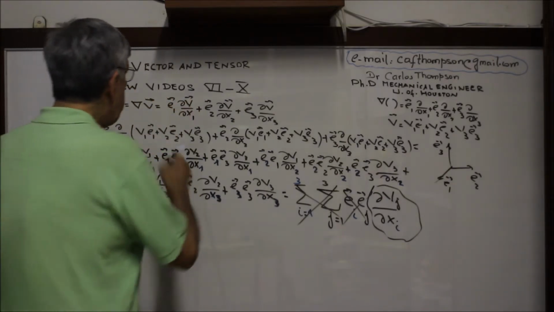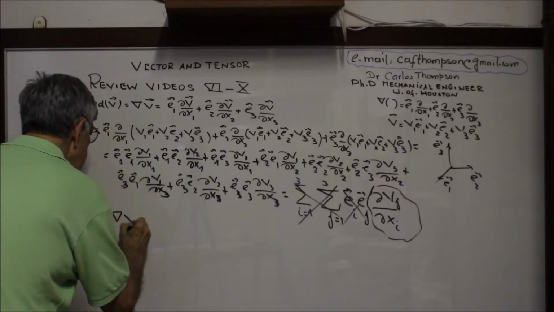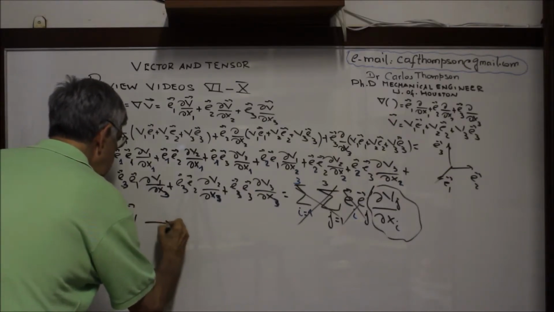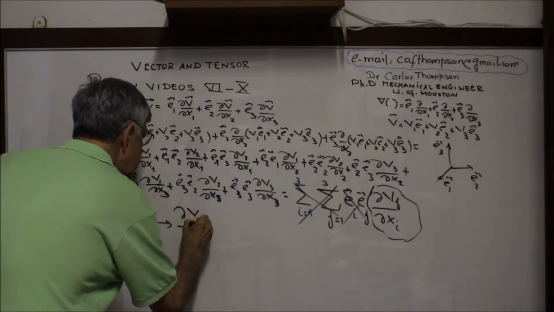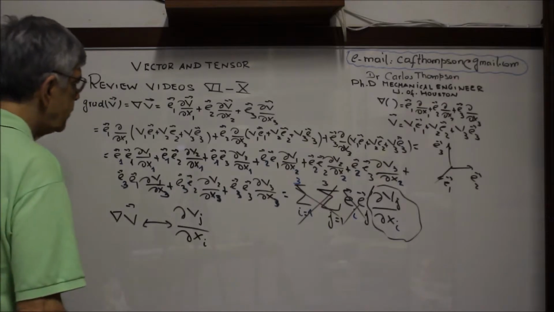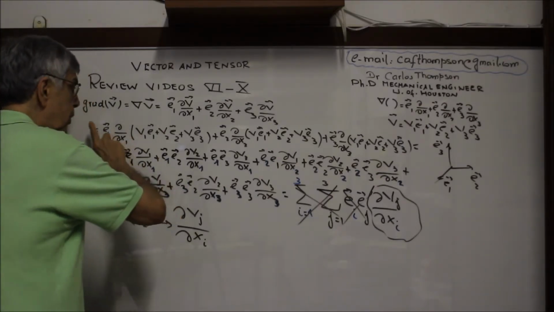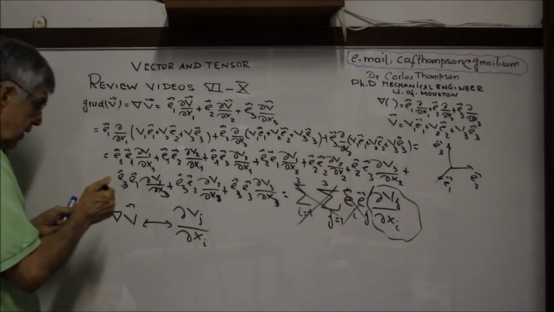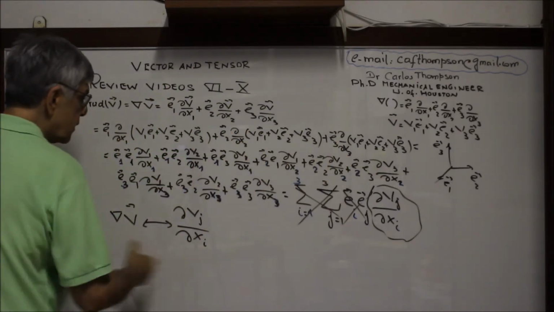So the components of nabla v, I just write partial of Vj, partial xi. You see? And also I can represent this as a matrix, the whole thing here as a matrix.